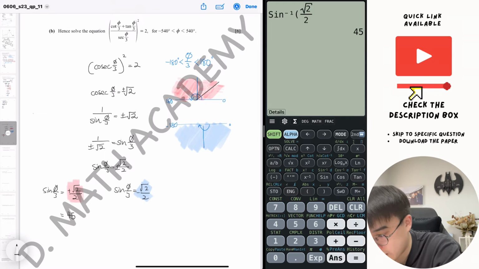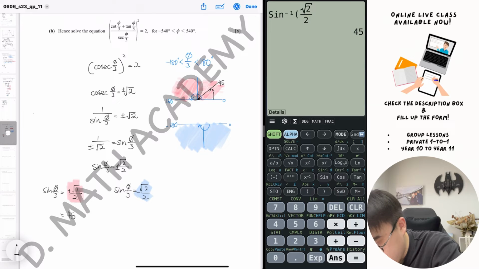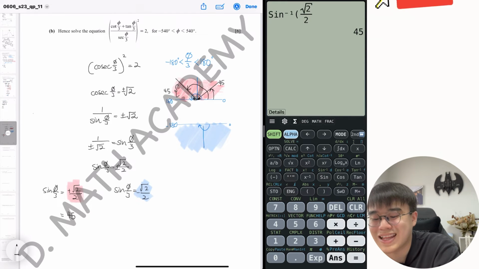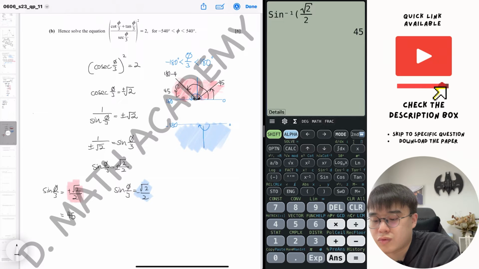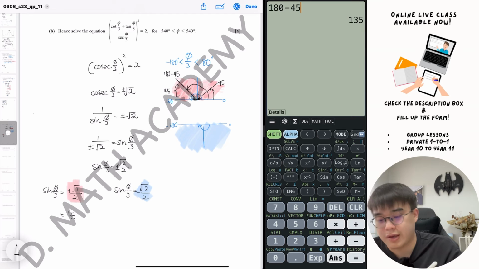Okay, the first answer is located here then. Okay, and the parts that you shaded are next to each other, which means this gap here will also be 45. But again, you always start from 0 all the way to this line, which means you have to do the manual calculation here. 180 minus 45, which is 135.